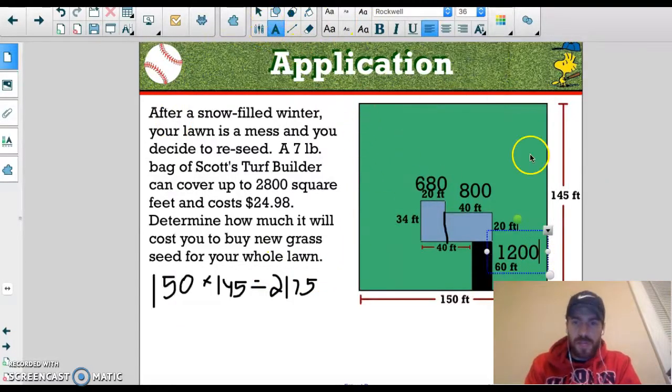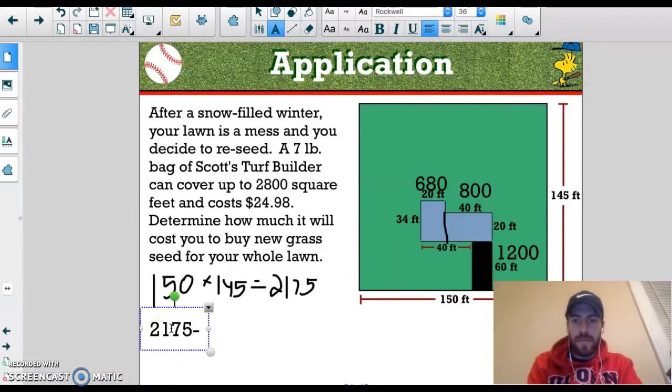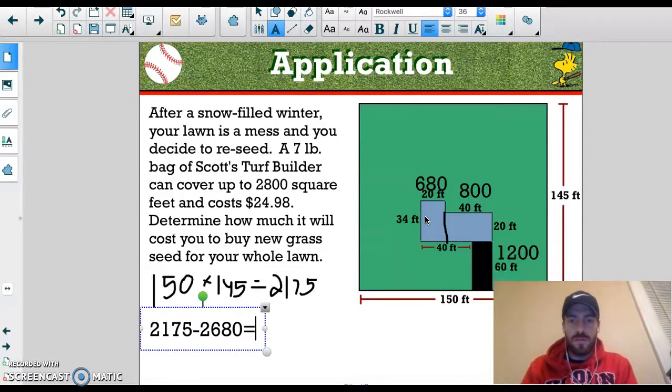Subtract the two of them. So we're going to subtract the total minus what we're taking out. We can do that over here. 2,175 minus our 2,680. Hold on, I think we did something wrong.